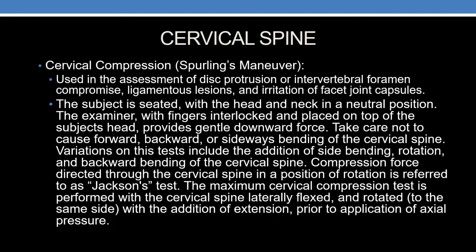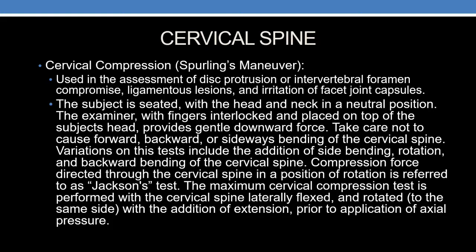In general, we refer to all these maneuvers as cervical compression maneuvers, but the maneuver in extension is referred to as Jackson's test. Now, the maximum cervical compression test, in other words, the test that produces the maximum compromise of the intervertebral foramen, is performed with the cervical spine laterally flexed and rotated to the same side as the lateral flexion, then with the addition of extension prior to the application of the downwardly directed axial pressure.